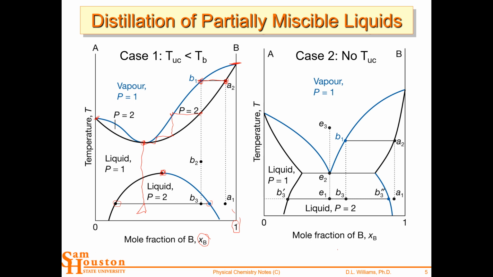You have this thing. So see how the 2-phase region comes up here and hits the vapor equilibrium business. And so you've got a problem with this one. There's really no azeotrope. So anything between this region here and here boils at this temperature.